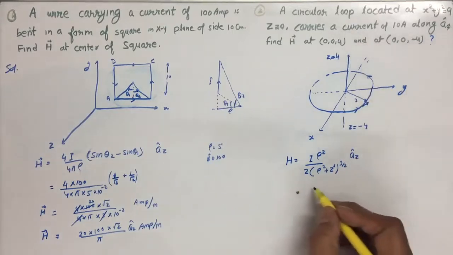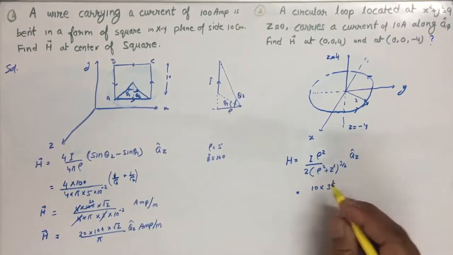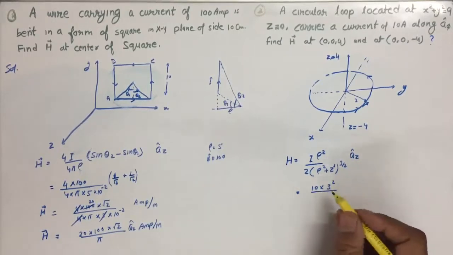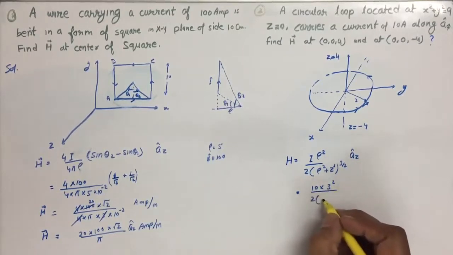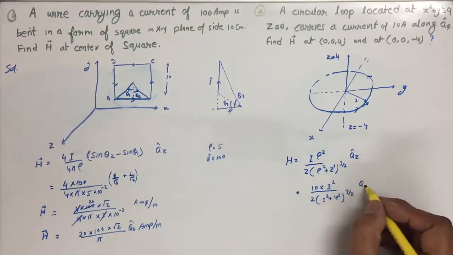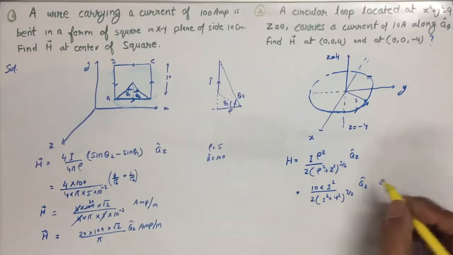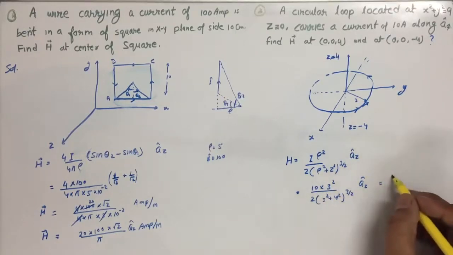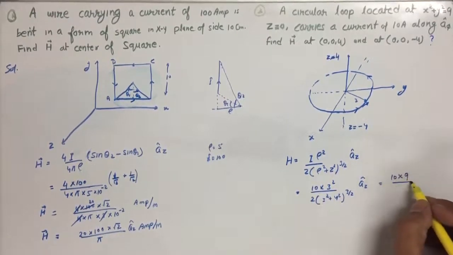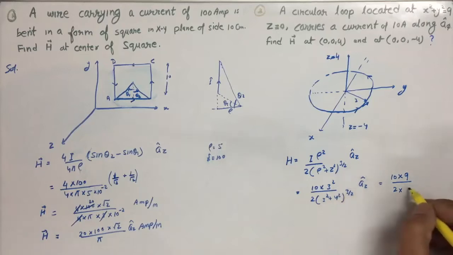So we can find 10 into 3 square divided by 2 times, 3 square plus 4 square to the power 3 by 2, in the direction of AZ. Simplify this, it will give us 10 into 9 divided by 2 into 25 to the power 3 by 2, which is 125.